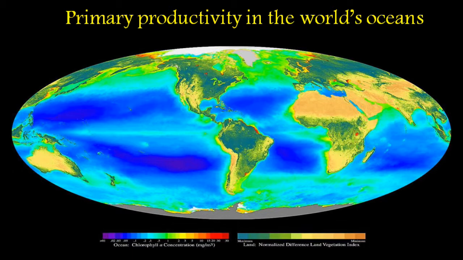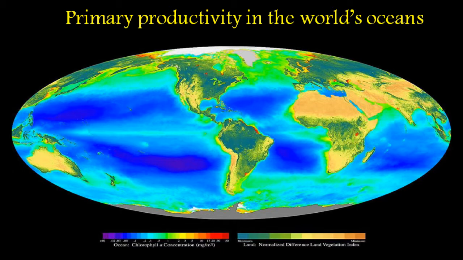And you see here that some of the most productive areas can be found on the eastern side of the ocean basins, as well as you can see those yellows and greens in the middle of the ocean basins.